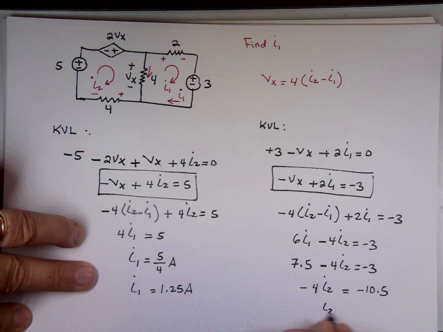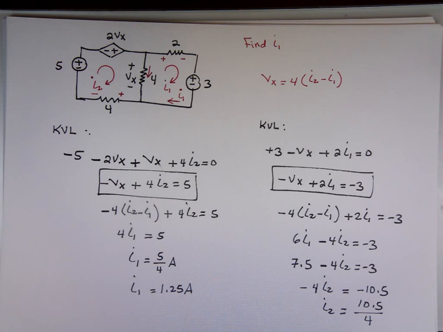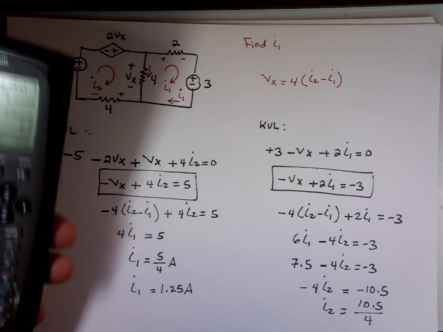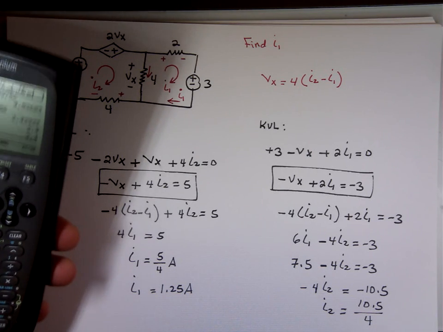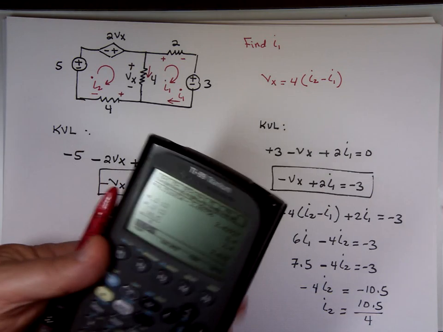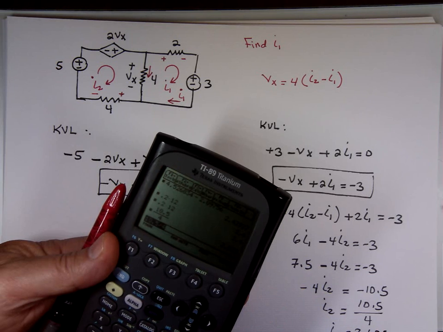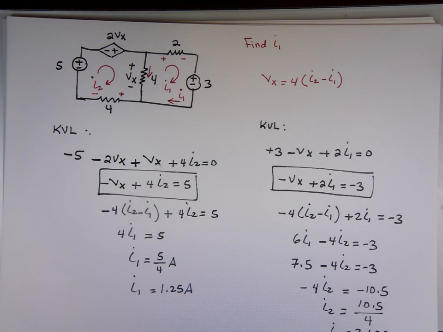I sub 2 will be positive 10.5 divided by 4. Better use my calculator, don't trust me. It is 2.625. As I said, I don't need that, but if I do need it, we have it.